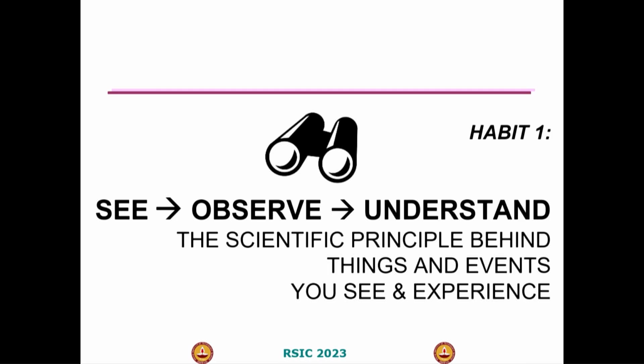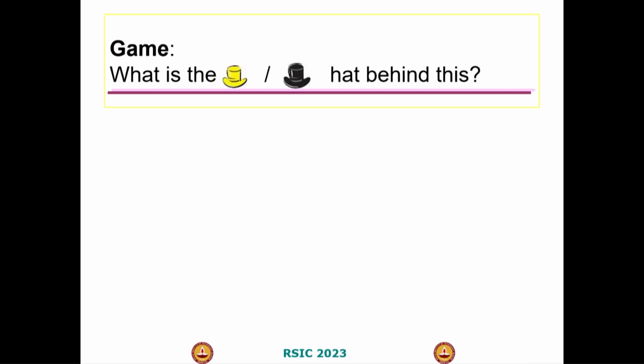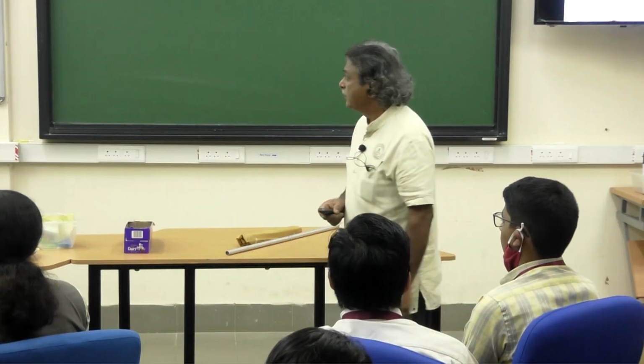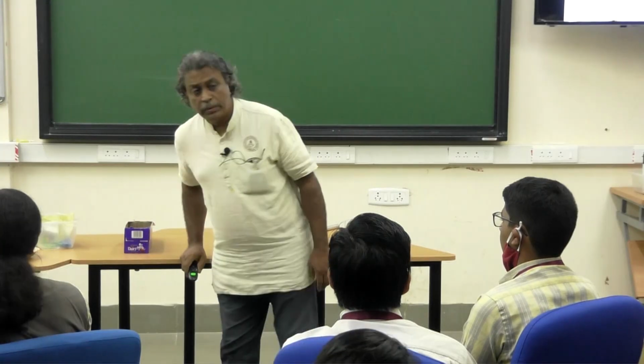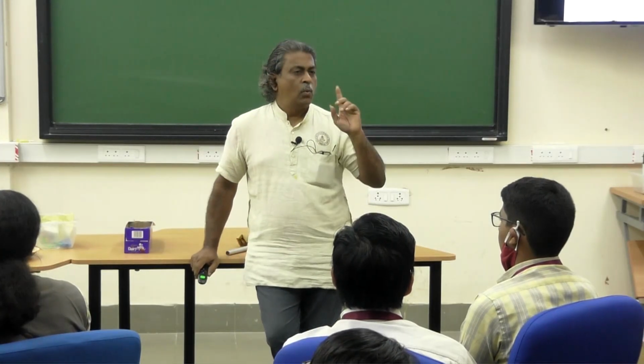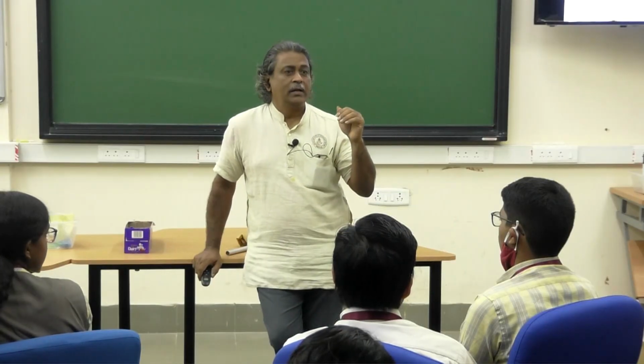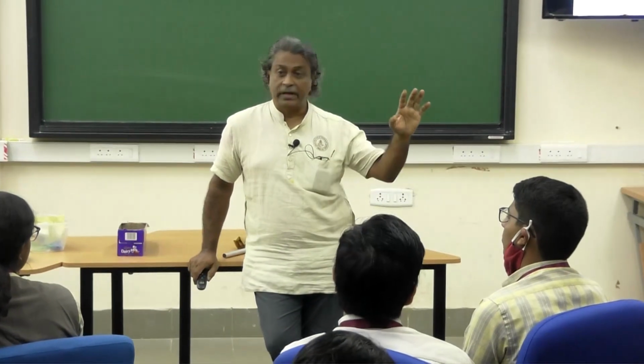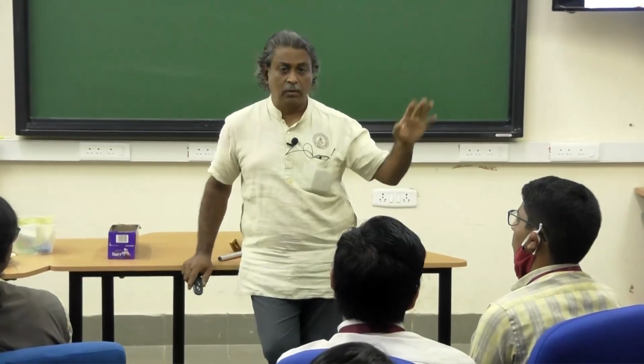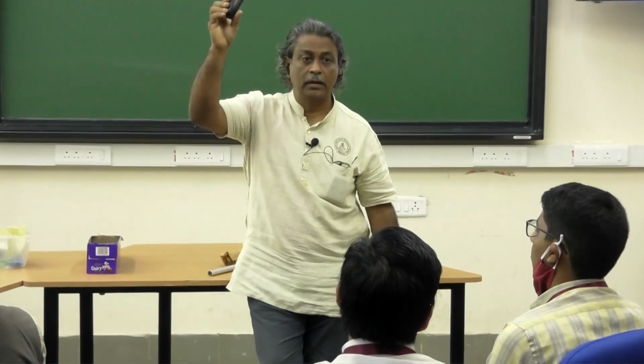Okay. Let's go to habit 2. This is the second game. This is to do with the yellow hat. I don't know if you have done 6 hats here. Yellow hat represents the positive hat. What is positive about this?